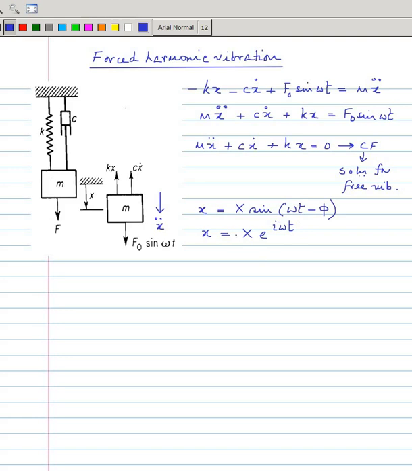And we take the right hand side as f naught e to the power i omega t, knowing that the right hand side is actually the imaginary part of this.